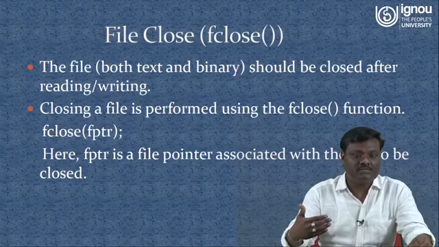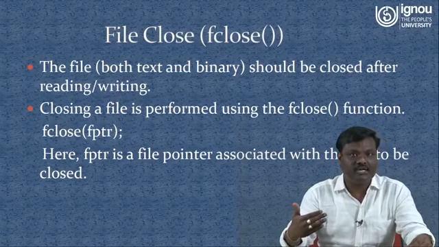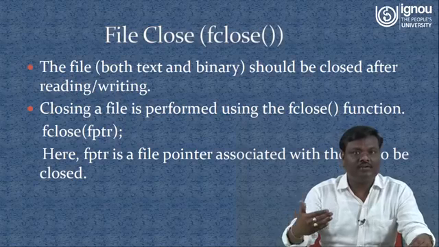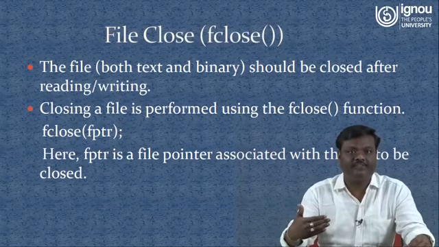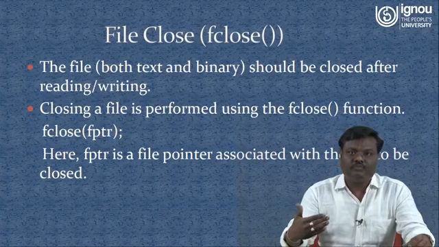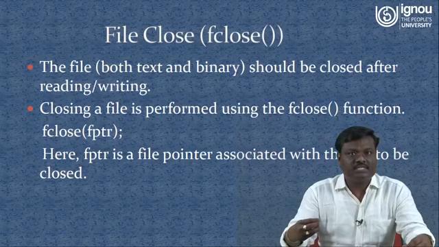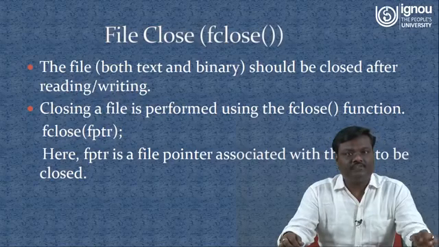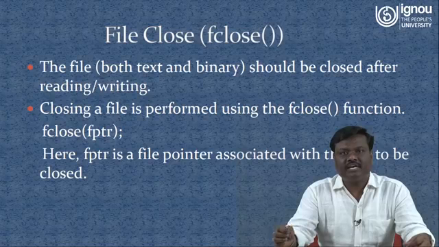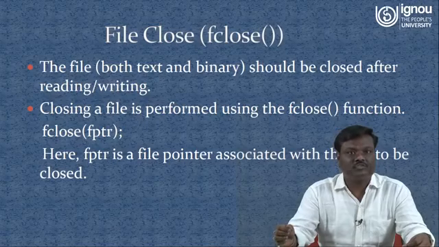Whatever the files you had worked with, one or many, all the files need to be closed with a function called fclose. Both text or binary files, the good practice of C programming is when you open a file, you should close that file towards the end. The file should be closed after reading or writing or even appending also. Closing a file is performed using the fclose function.